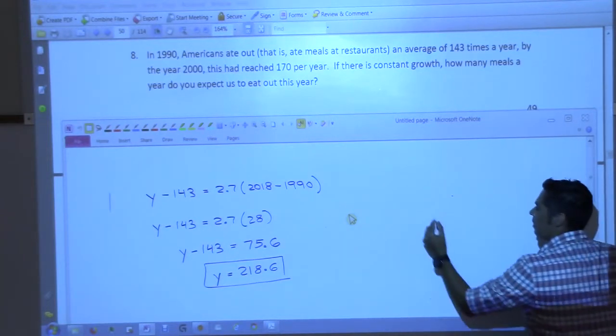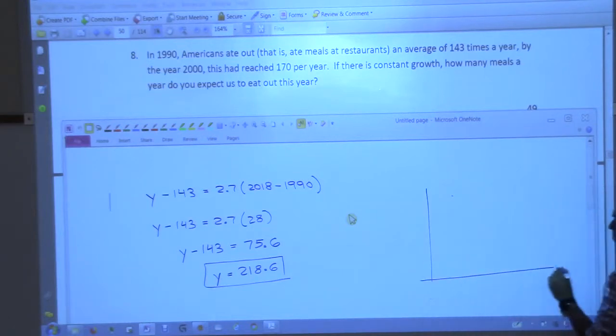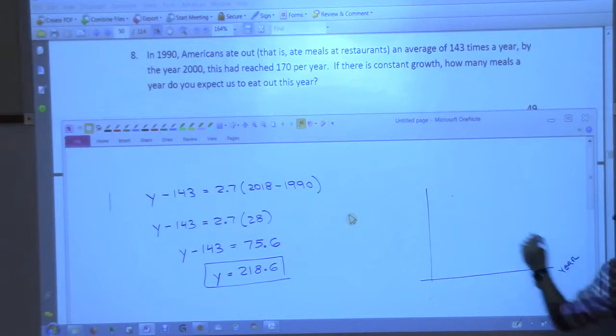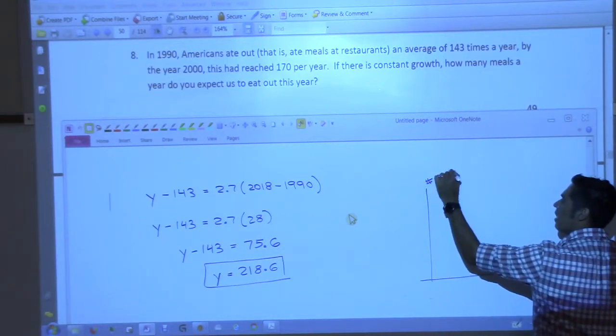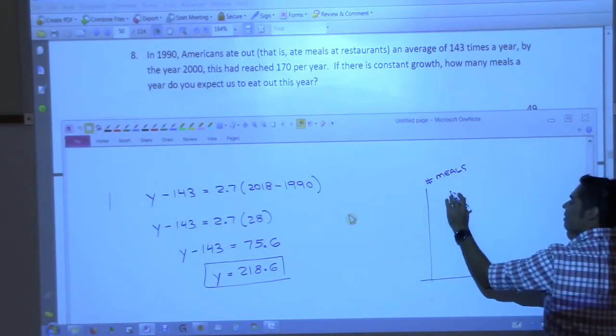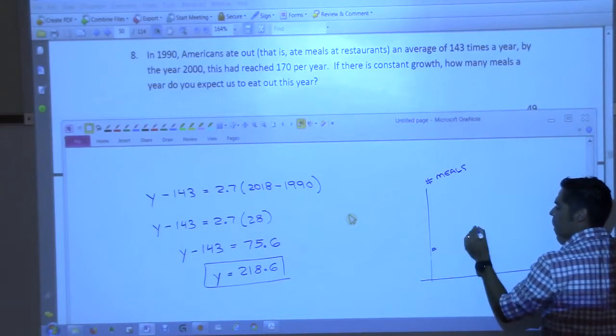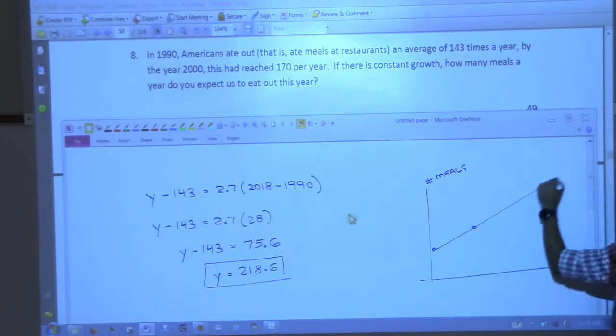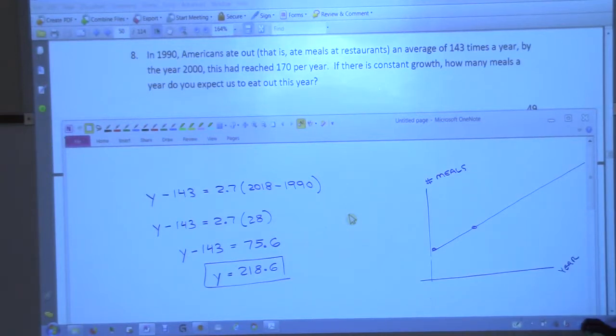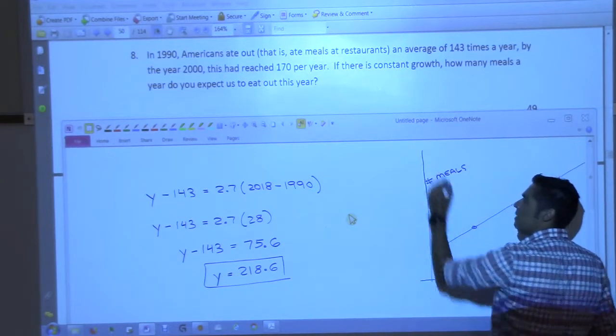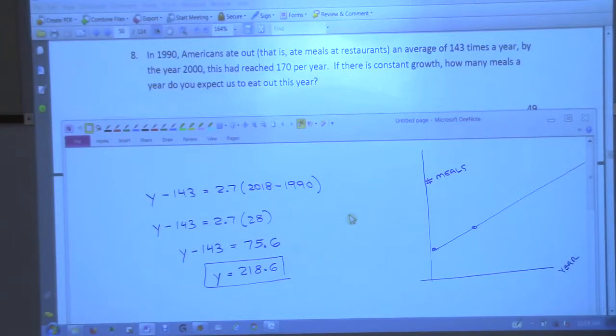Let me go back to our picture. Let's say this is a year, and this is number of meals again, right? If we used a linear model, then are we eventually going to get to some ridiculous number that wouldn't even be reasonable? There's 365 days in a year, right?